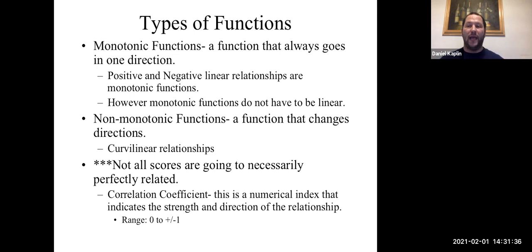Now, look at my hand. If you go up and then you go flat across, it's still considered monotonic because there was never a change in direction to a more negative point. So as long as the graph goes up or down and never changes direction to a more negative or positive direction, then we say it's monotonic.